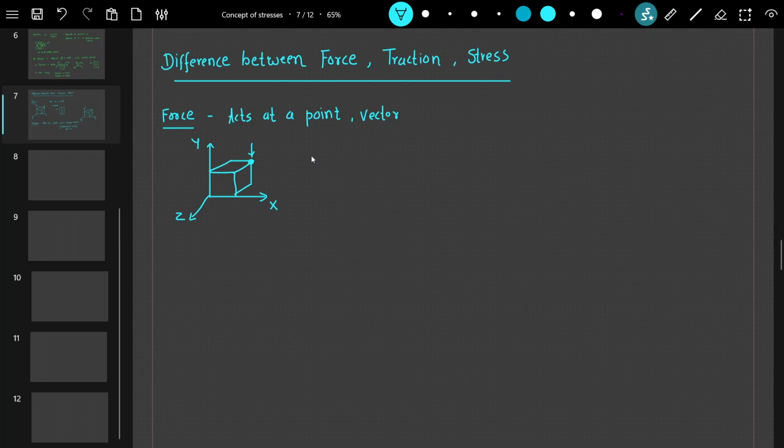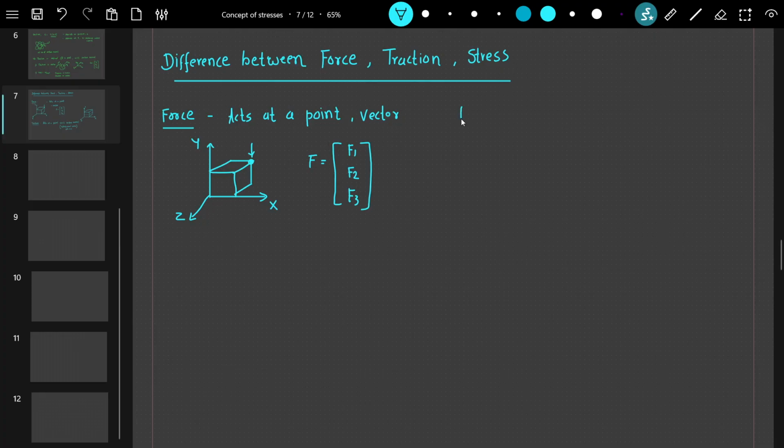So force is a vector, and we can define force in vector form like this: F1, F2, F3. So the force is very clear.